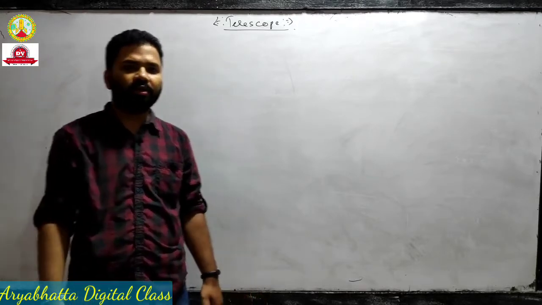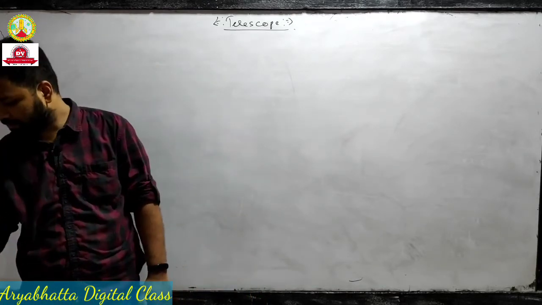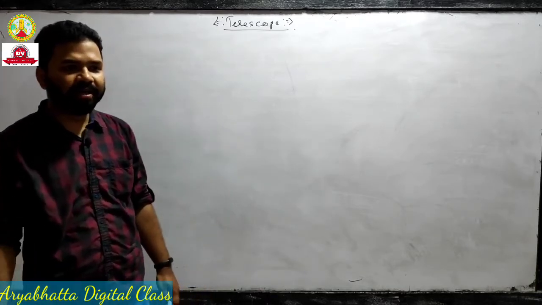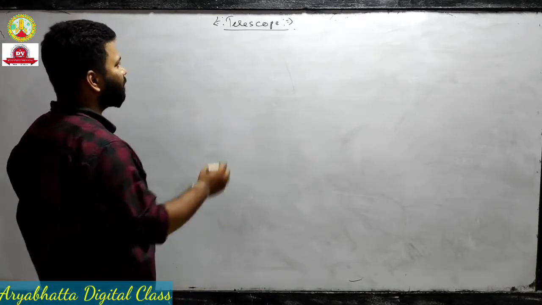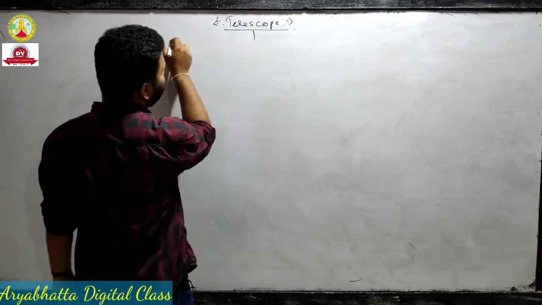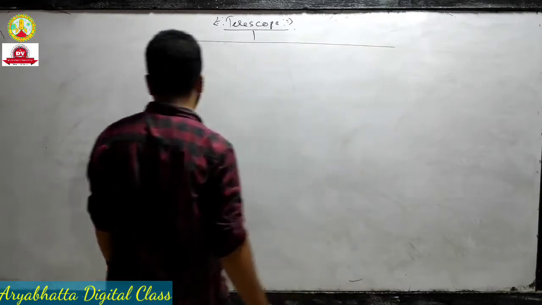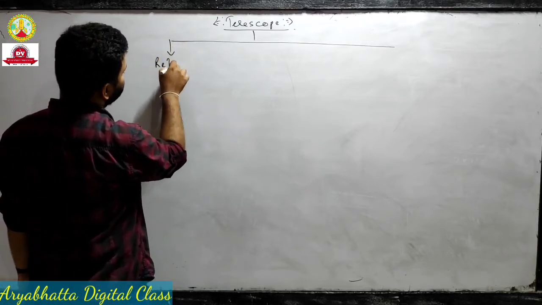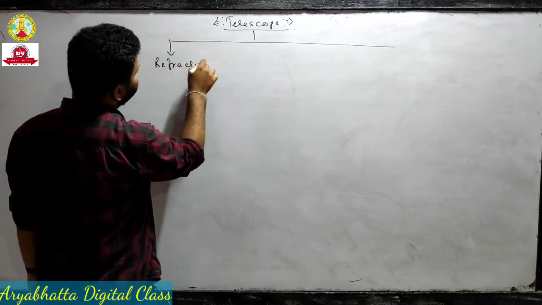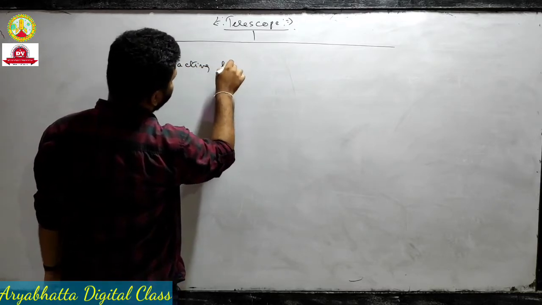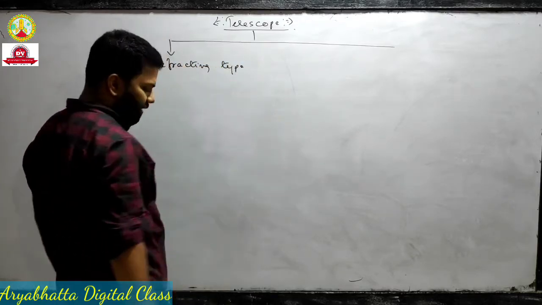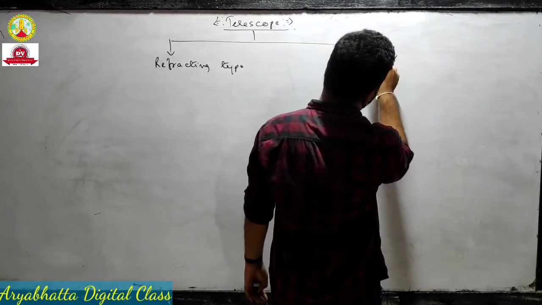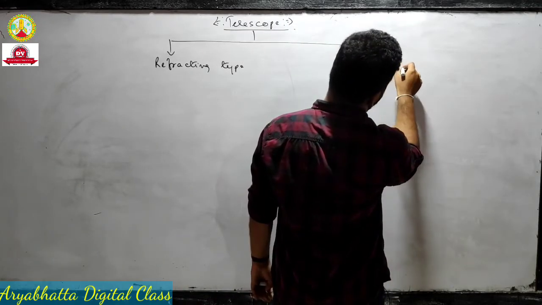Number one. So there are two types of telescope. One is the refracting type telescope and another one is your reflecting type telescope. So telescope is basically of two types. Number one is refracting type, that we will discuss now, and finally we have to draw another telescope which is reflecting type.